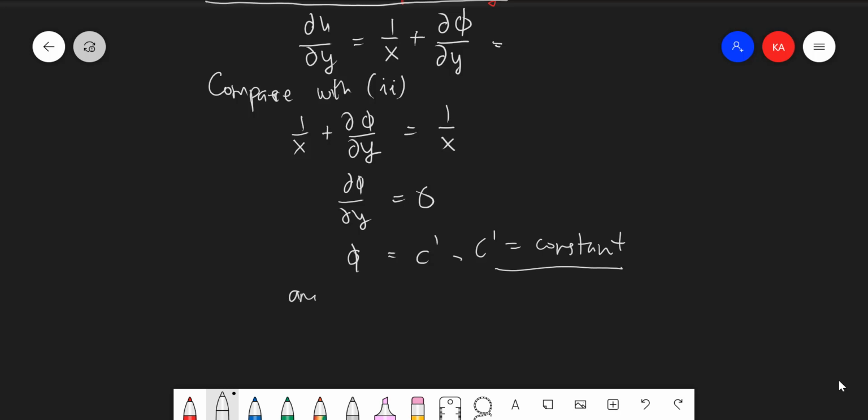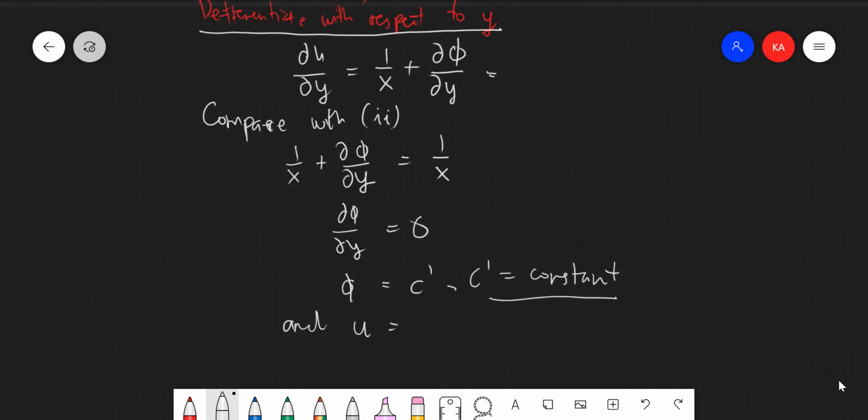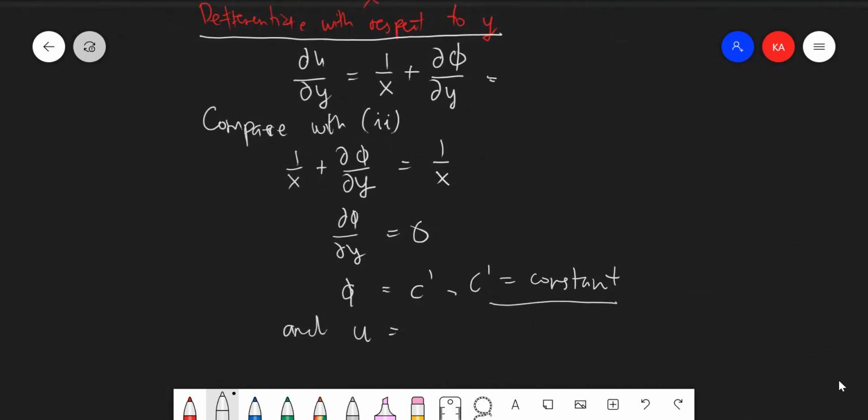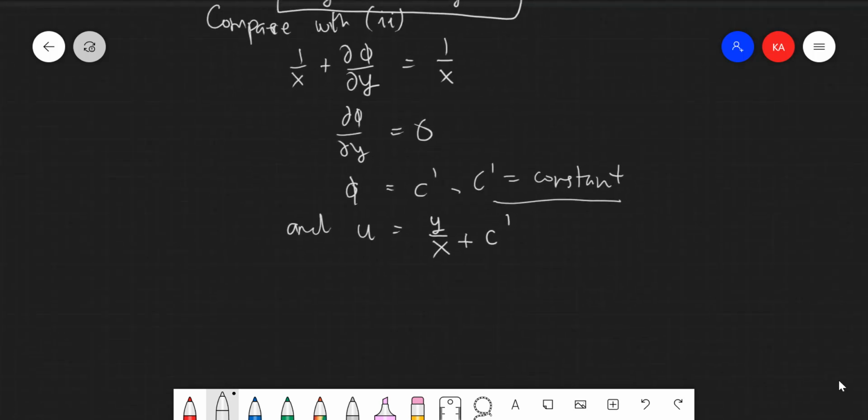And u becomes, so we make the integration. This is the u, right? To get the u, we make the integration, so we get that u becomes y over x plus c prime.